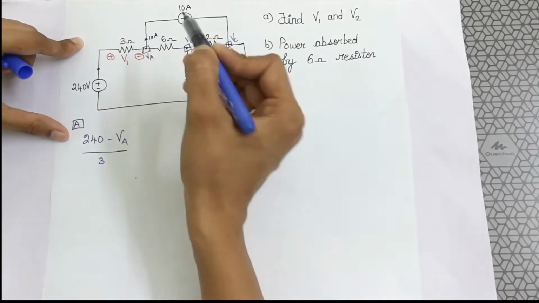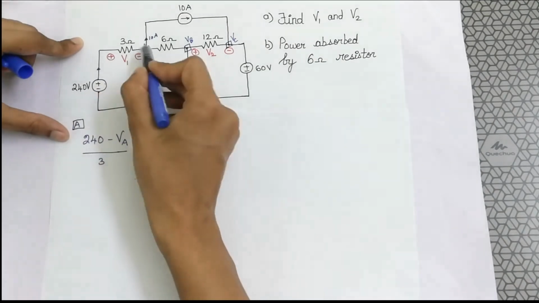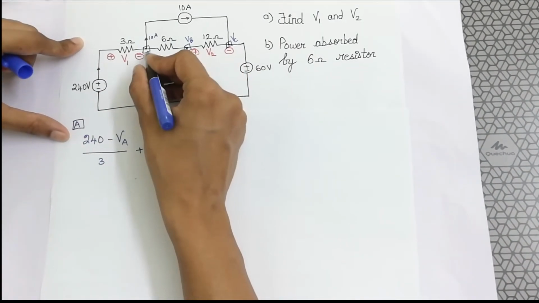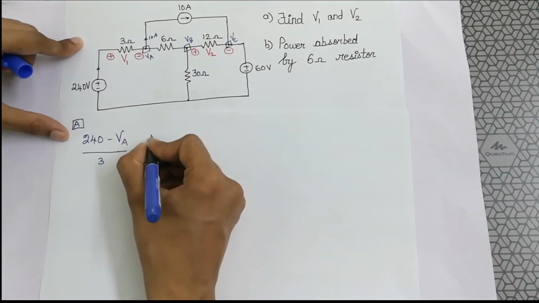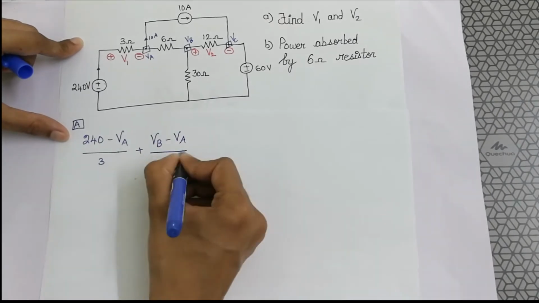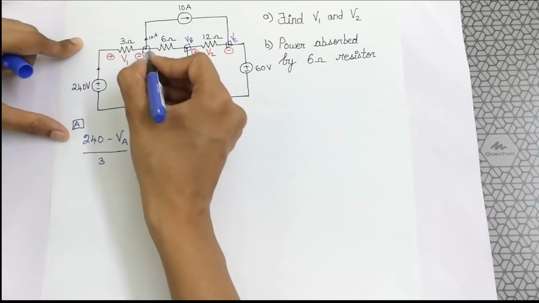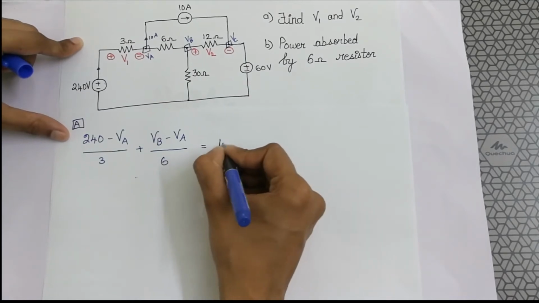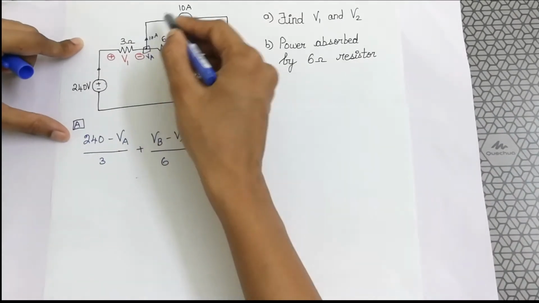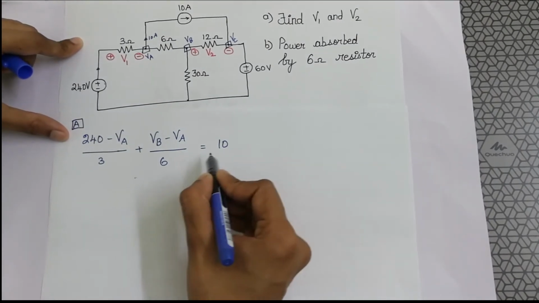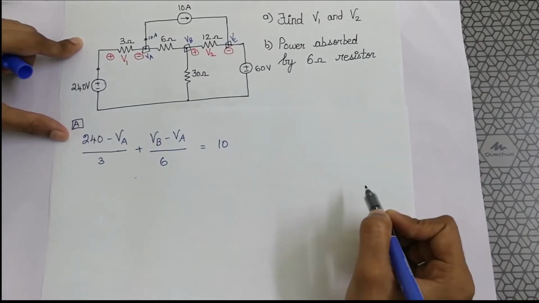So this is the first current that is entering, and then we have the current VB minus VA divided by 6 ohm, which is also entering, and that is equal to 10. The 10 ampere is leaving. By KCL, the sum of entering currents is the same as the sum of leaving currents.